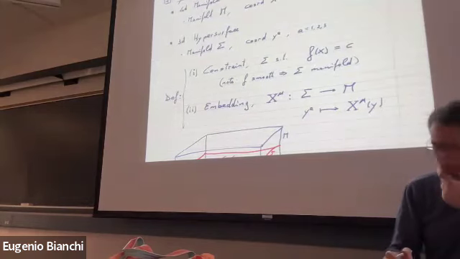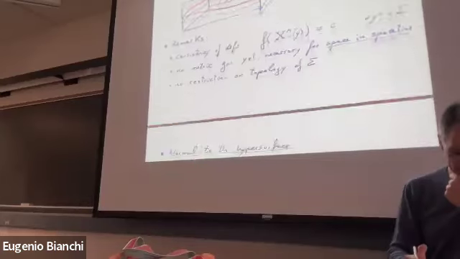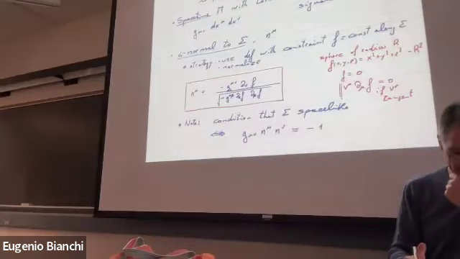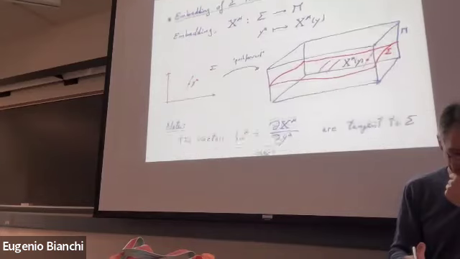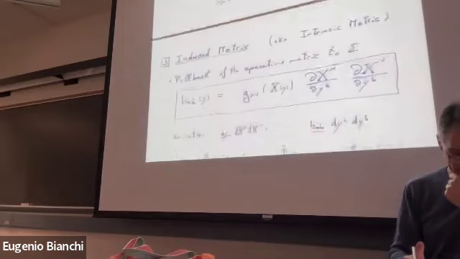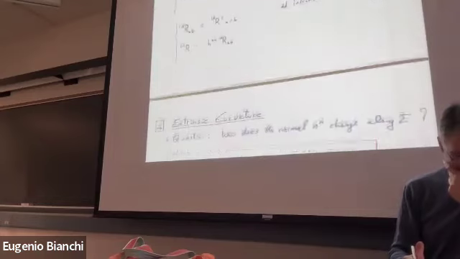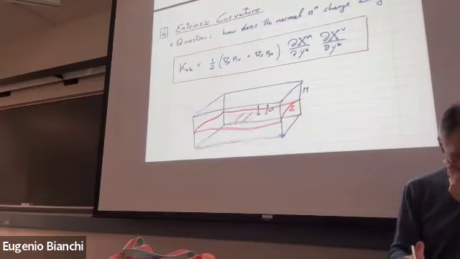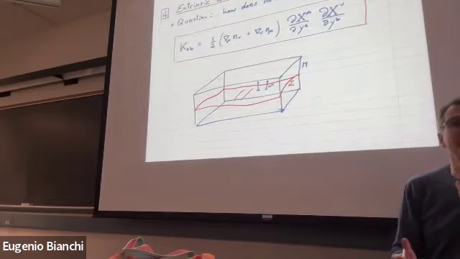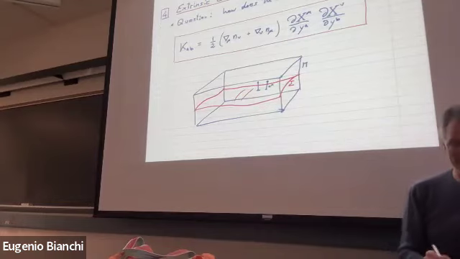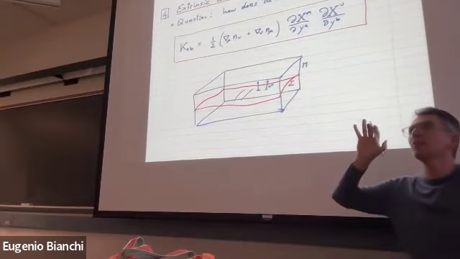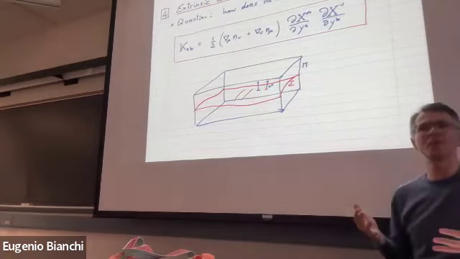Now, how do we do extrinsic? Let me give you the answer. We don't have to go through all the mathematics now. There are all the details there, but you can introduce a notion of normal.